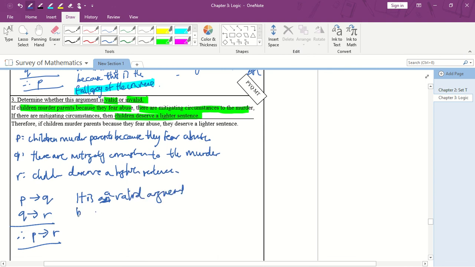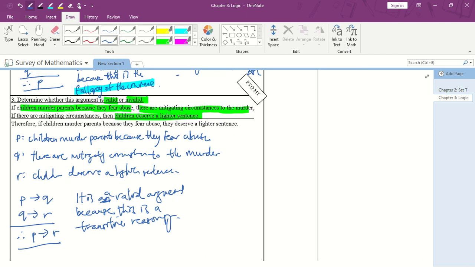Why? Because this is a transitive reasoning. So easy. Yeah, that is how it is. P→Q, Q→R, and that's P→R.